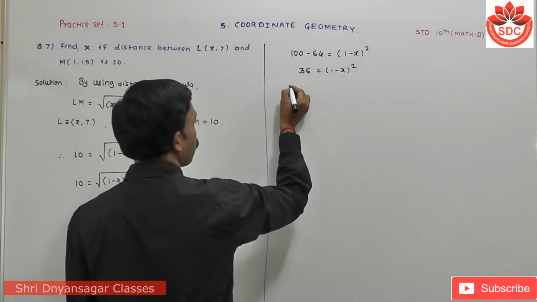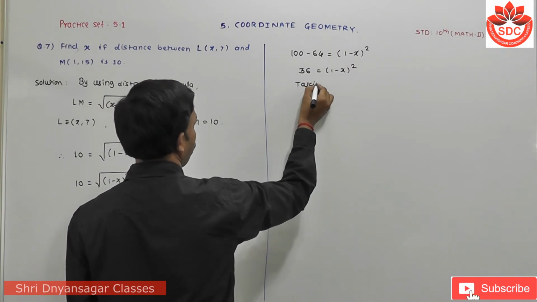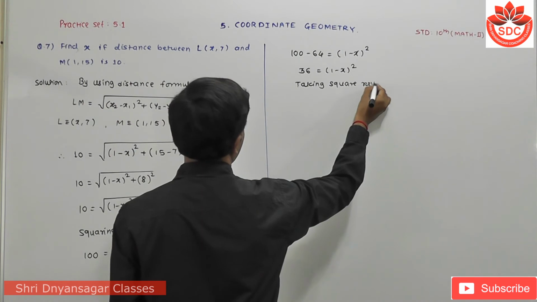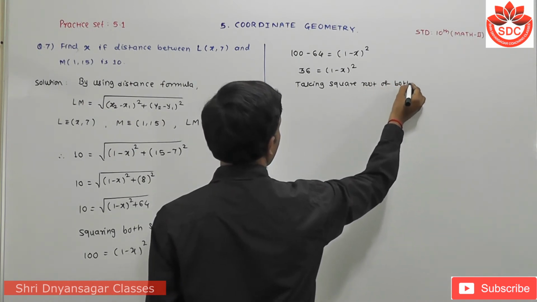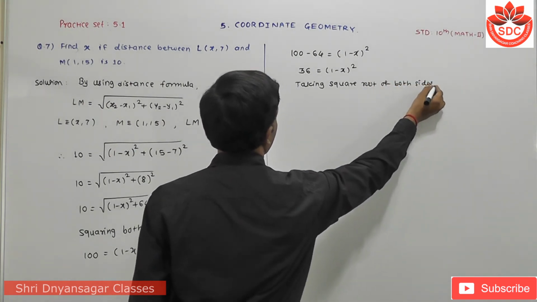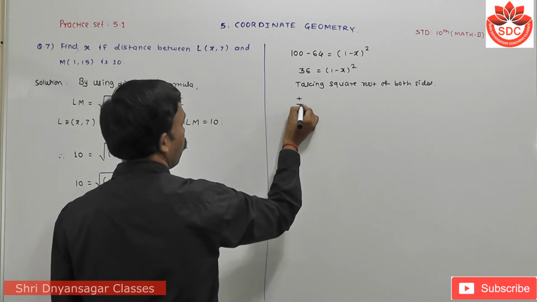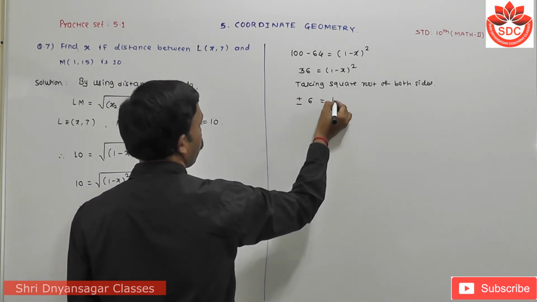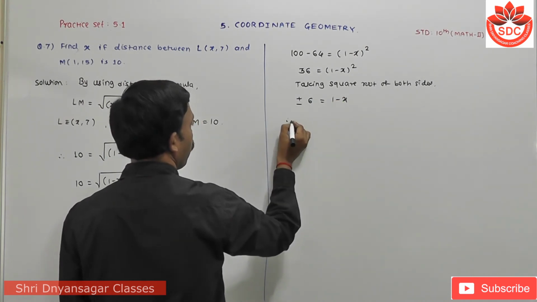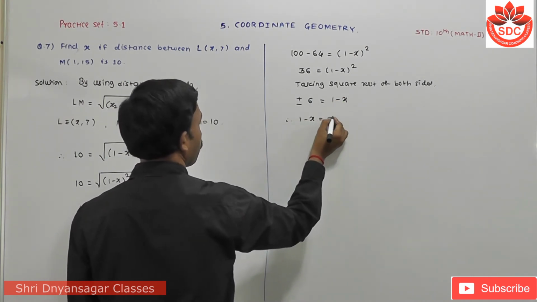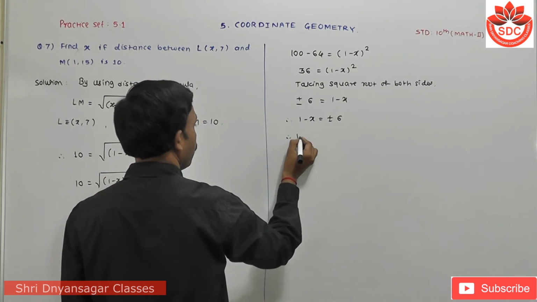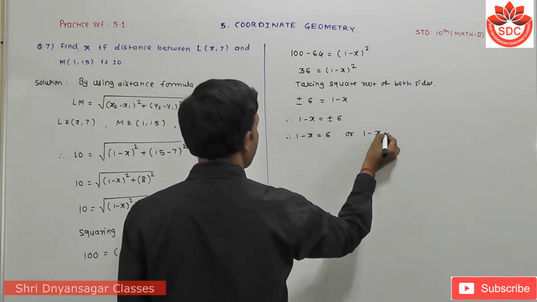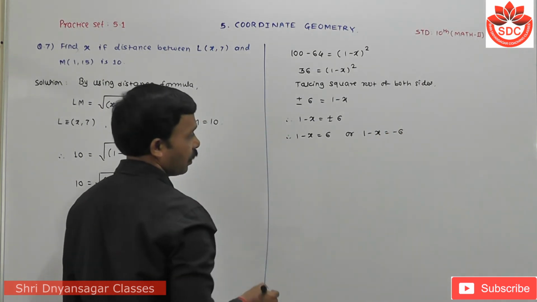Then again taking square root of both sides, we get the square root of 36 is plus minus 6 is equal to 1 minus x. That is, I have to write 1 minus x is equal to plus minus 6. That means 1 minus x is equal to plus 6 or 1 minus x is equal to minus 6.